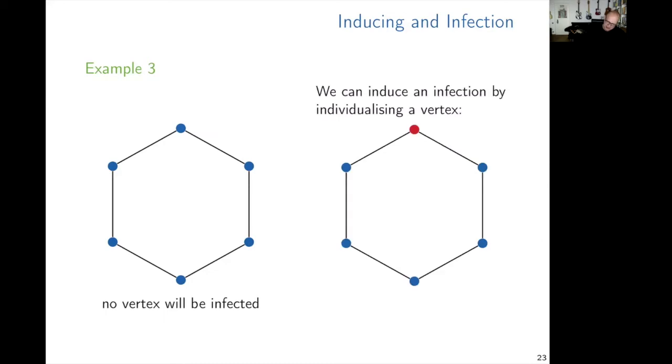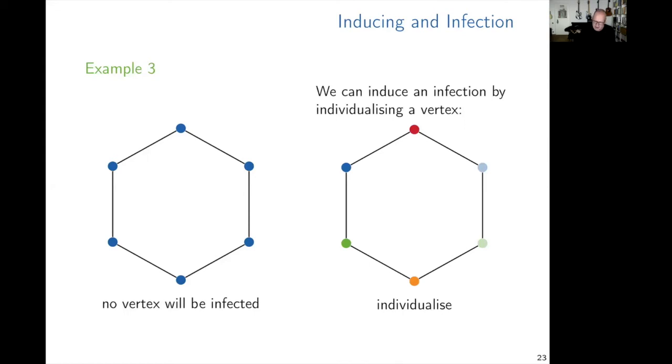We can individualize one vertex and then see how the infection spreads from this vertex. So let's do this. We color this vertex red here. That's what individualizing means. And then we refine, and the refinement looks like this now. Now we have color classes of size 2. When we individualize again, all classes have size 1, everybody's infected.